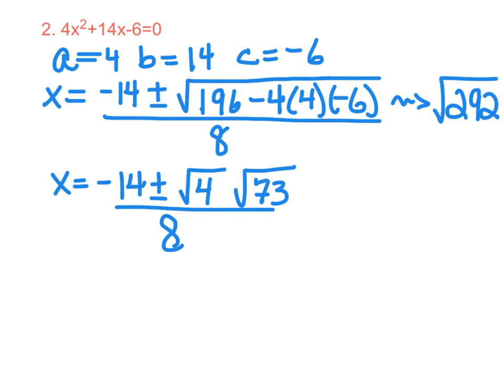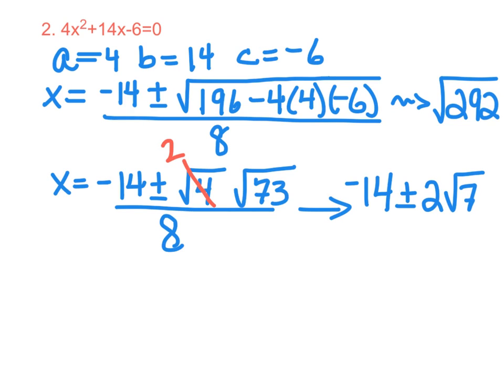And remember here, 4 is your perfect square, so that's going to become a 2. And then from there, I'm just going to shoot this off to the side over here. So I would have negative 14 plus or minus 2 radical 73, and that whole quantity is over 8.